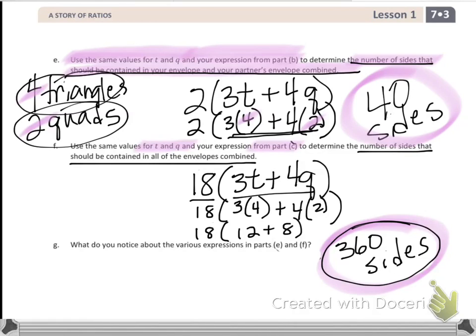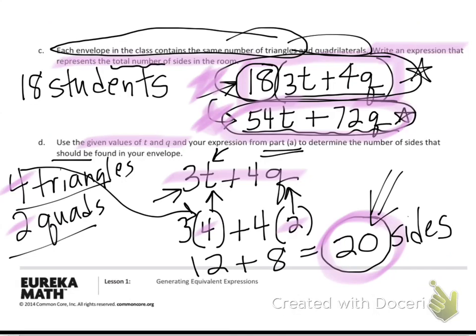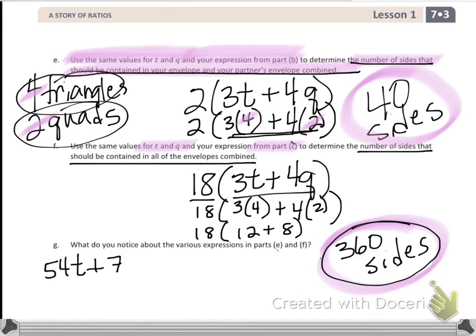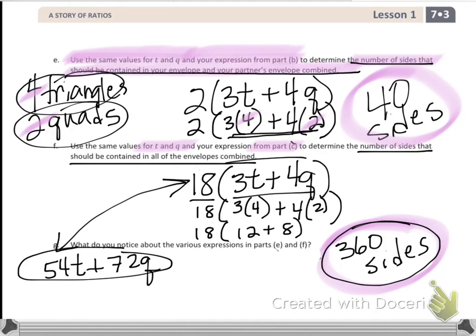So if we did 54t plus, what was the other one? 72q, okay, which was equivalent. This expression was equivalent to this one. This one, like I said, I prefer. But this one is equivalent.